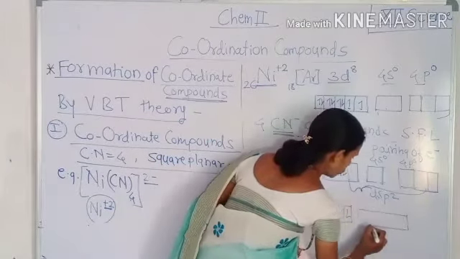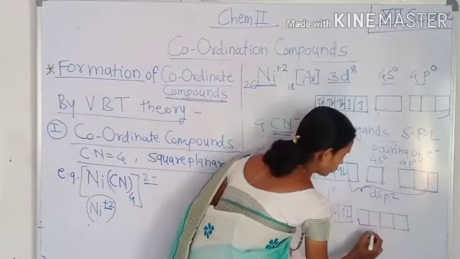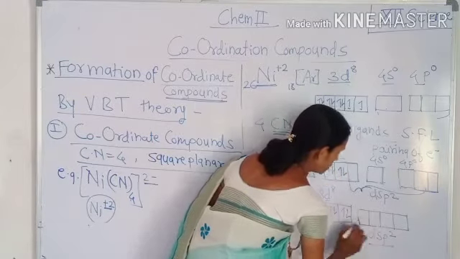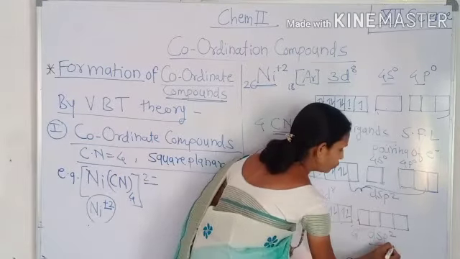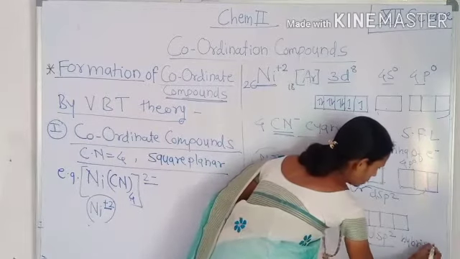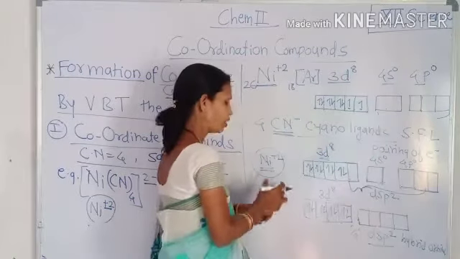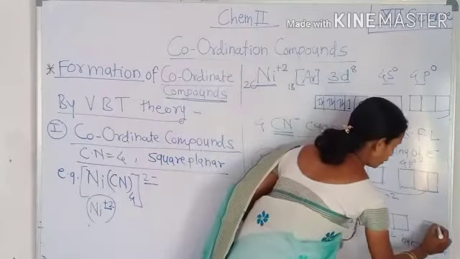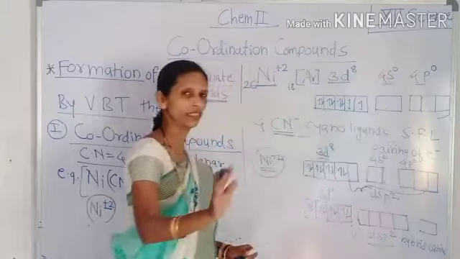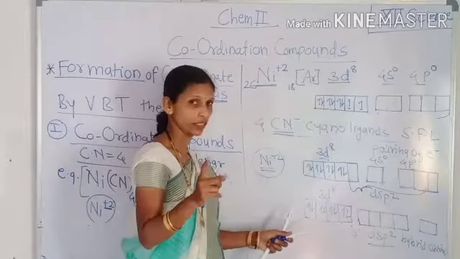Therefore, 4 new hybrid orbitals of dsp2 type are formed by the Ni2+ ion, and the 4pz orbital remains as it is, which does not take part in the hybridization.